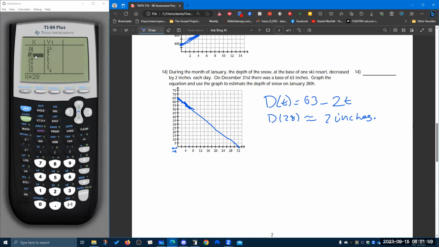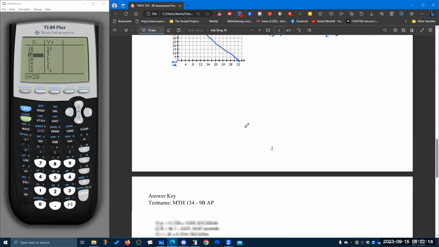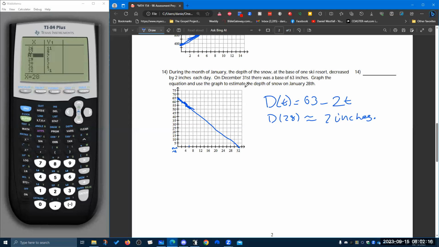And our depth there is y. So we'll have 7 inches of snowpack left if they are losing 2 inches a day. And they started with 63 inches on December 31st. I think that is my last, yes, that's my last model for this section.